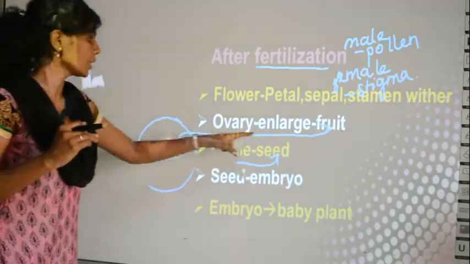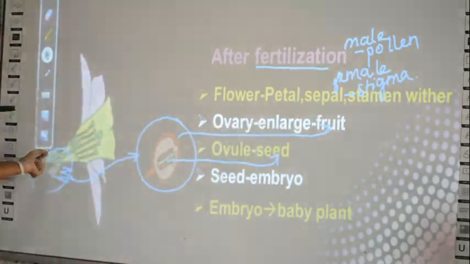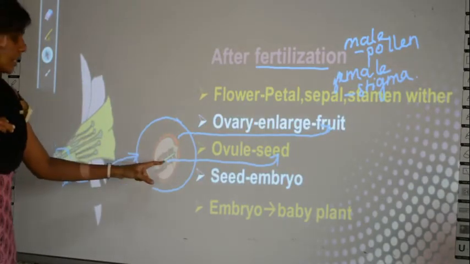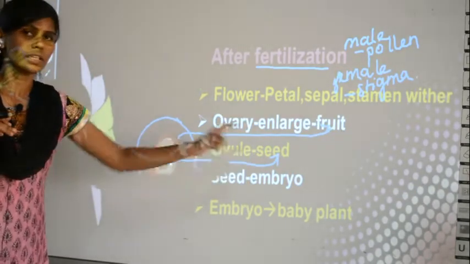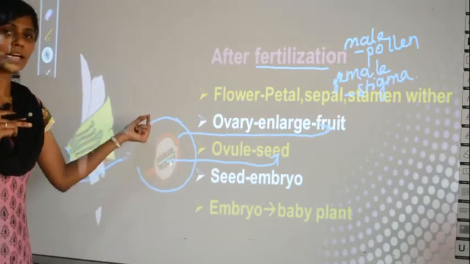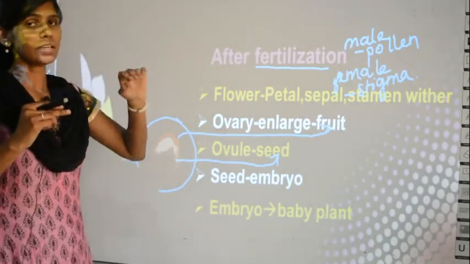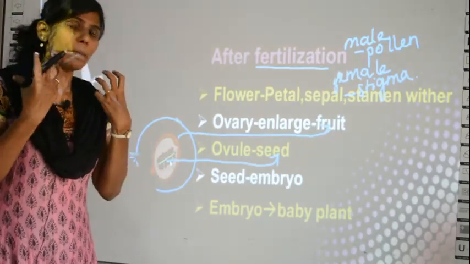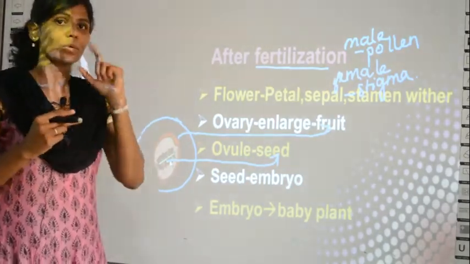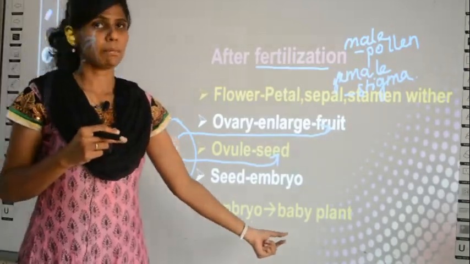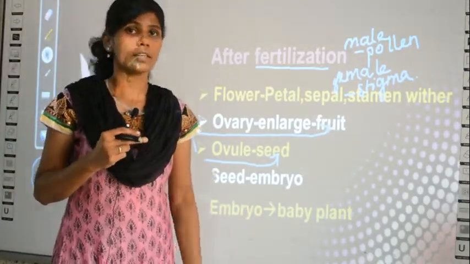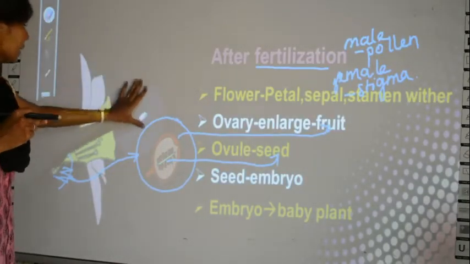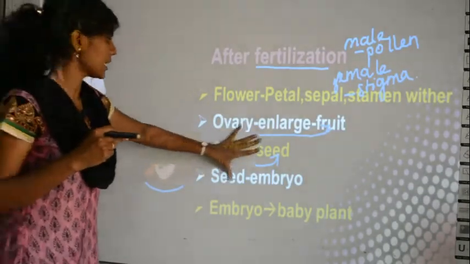The ovule which is found inside the ovary will become the seed. Now when you bury a seed in the soil, it will become the embryo which will develop root and shoot, that is the baby plant. Clear? So that is about the changes happening after the process of fertilization.